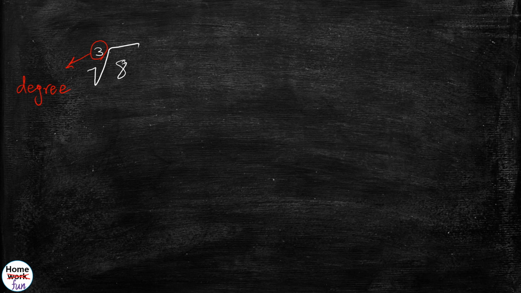So cube root of 8 is what? We know 8 is basically 2 to the power of 3, right? 2 times 2 times 2. And with a degree of 3, third root of 2 to the power of 3, it plays the same function. Instead of halving the exponents, this time we divide the exponents by 3.